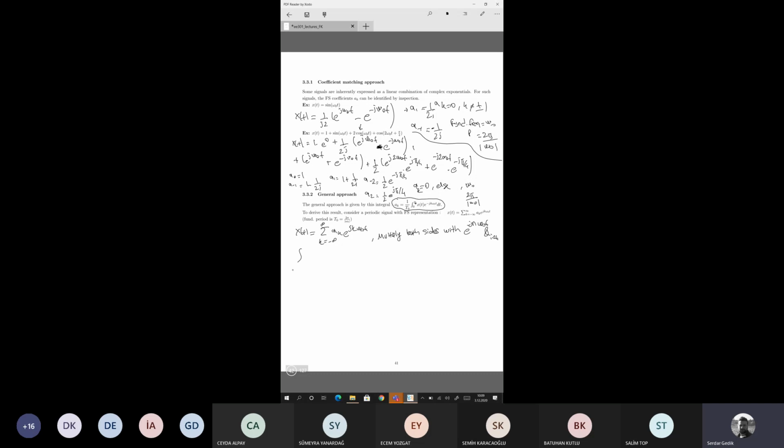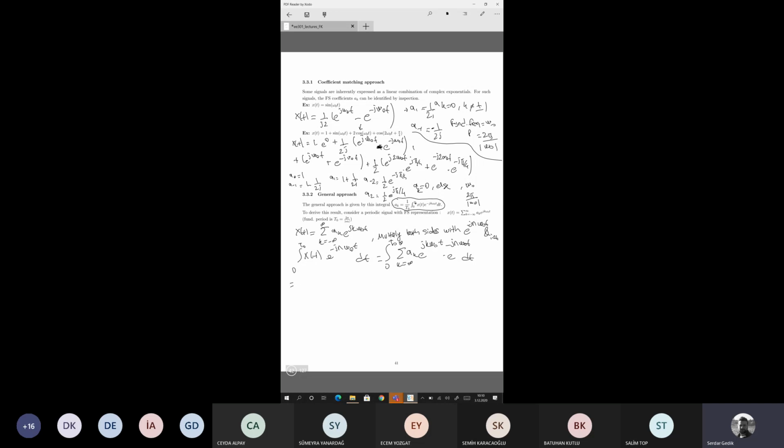So what is it? Integral from 0 to t0 of x of t e to the power minus j n omega 0 t dt is equal to the integral from 0 to t0, where I put this summation instead of x of t, summation k from minus infinity to plus infinity, ak e to the power j k omega 0 t times e to the power minus j n omega 0 t dt. As usual, I will switch integrals and summations.